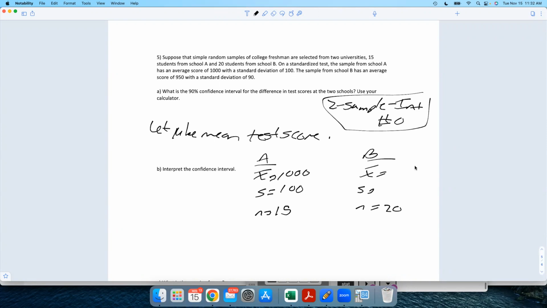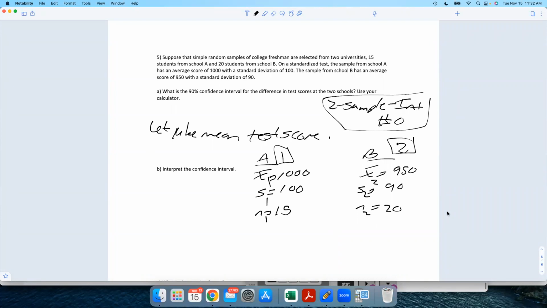These guys had an average of 950 and a standard deviation of 90. Whoever has the bigger sample mean, call them group 1. So A is going to be 1. B is going to be 2. And you got to tell me this kind of stuff. On written assignments, you have to tell me who you're calling group 1 and group 2.